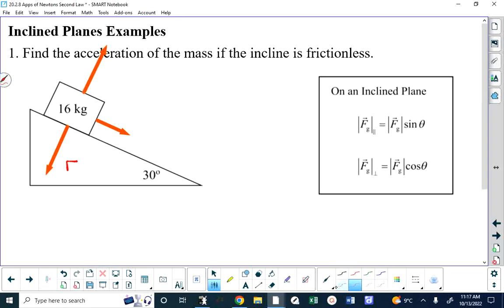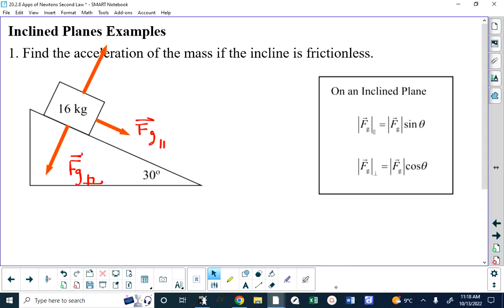So this force is the force due to gravity that is perpendicular to the ramp. This is the force due to gravity that is parallel to the ramp. Whoops, I drew that in the wrong place.